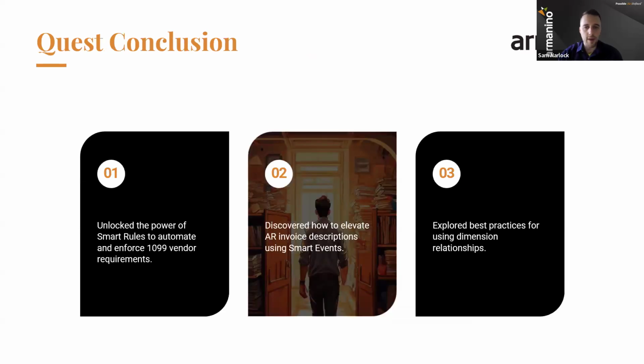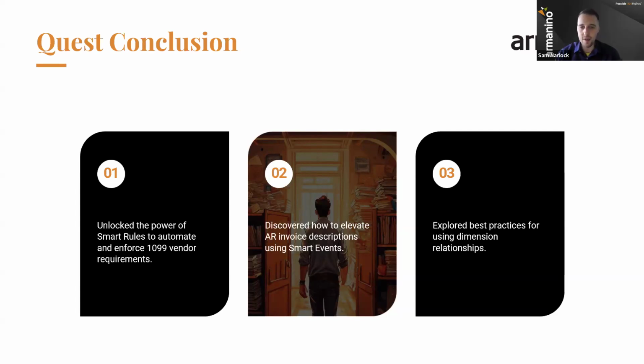So just a quick reminder of everything we've gone through today, our 3 different missions. We looked at using smart rules to enforce vendor 1099 requirements. So that's a good example of an internal control. We looked at using smart events to automate AR invoice descriptions, so streamlining processes and keeping things consistent.